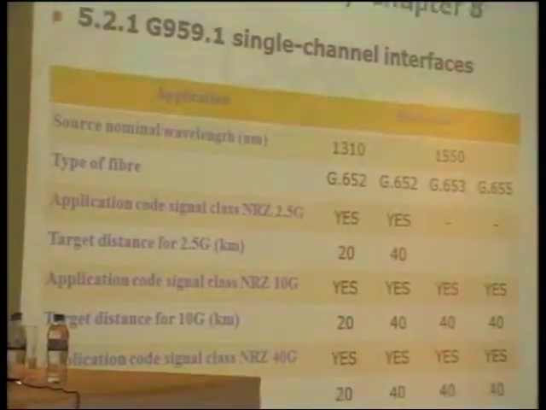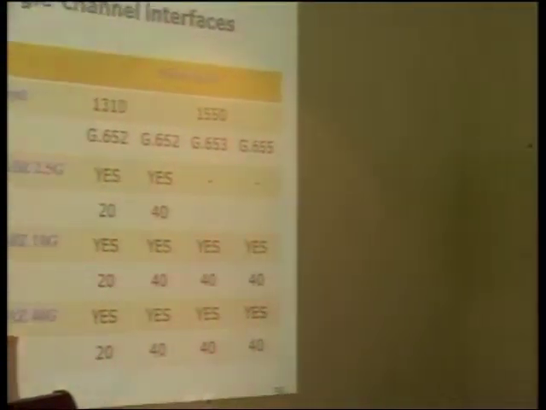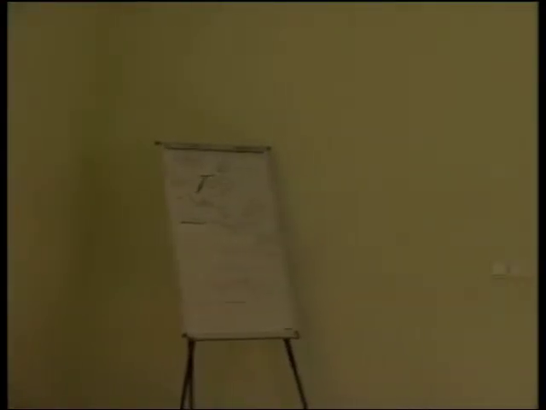So that in the second window, we have 2.5, 10 giga, 40 giga, over 20 kilometers, over G.652.